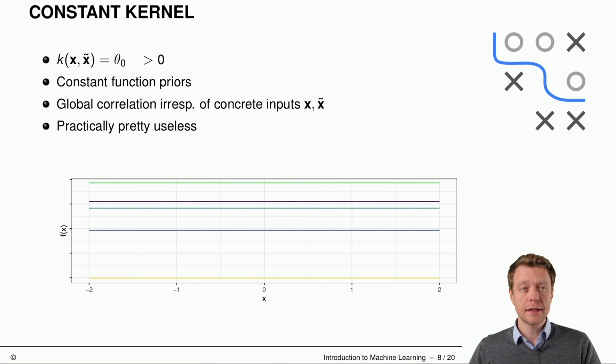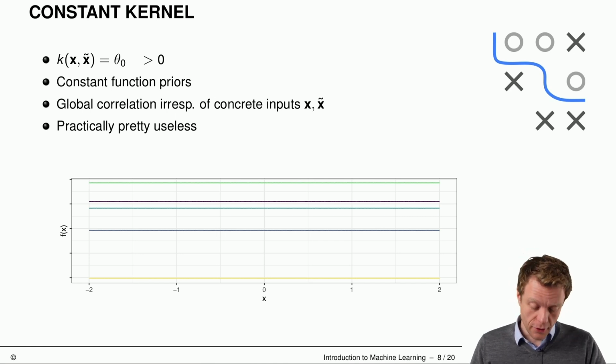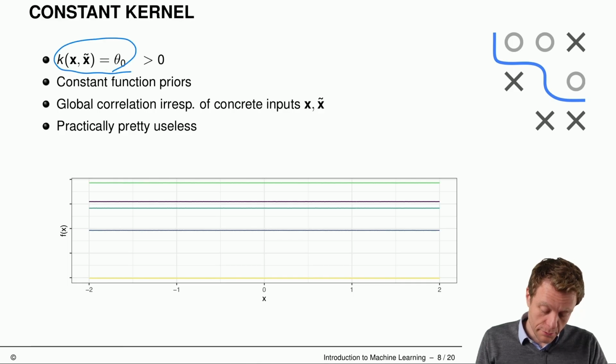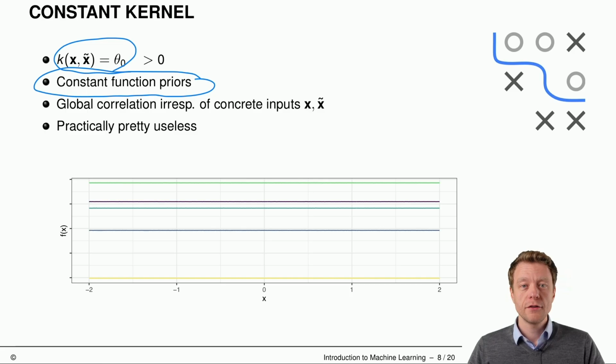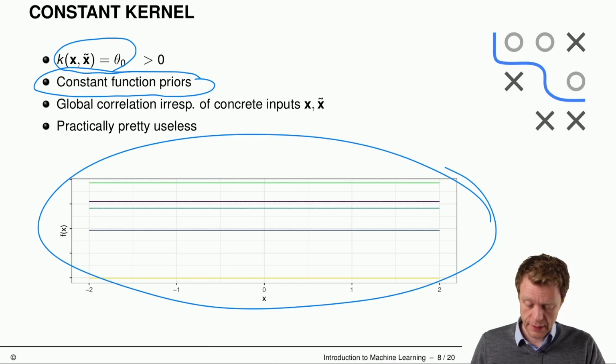Interestingly, and it's at first sight not that clear why that should be the case, a constant kernel implies constant function priors. So if I draw from a Gaussian process with such a constant kernel, then all draws from this Gaussian process, as you can see here, are constant functions.